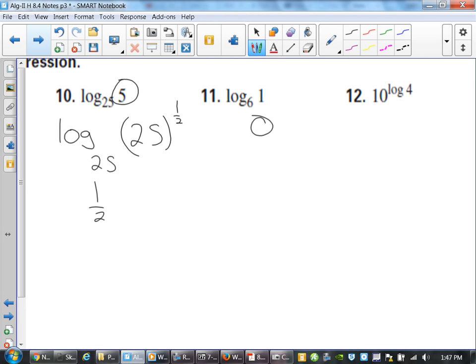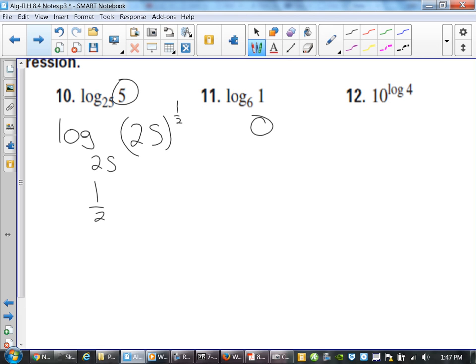One of the rules we had was log base b of 1 is always 0, because that means the base to the 0 power gives you 1, no matter what the base is. Same deal when you have log base b of b, that will always equal 1. If it's log base 6 of 6, that means 6 to the first power is 6.